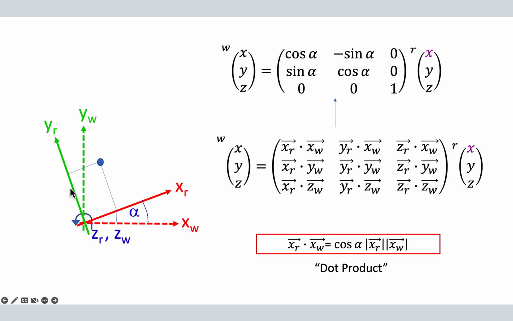Next one, yr onto yw, angle is 90, so we just put the cosine of alpha down. Third one, yr dot product with the z-axis of the world, always 90 degrees, so cosine of 90 degrees, 0.